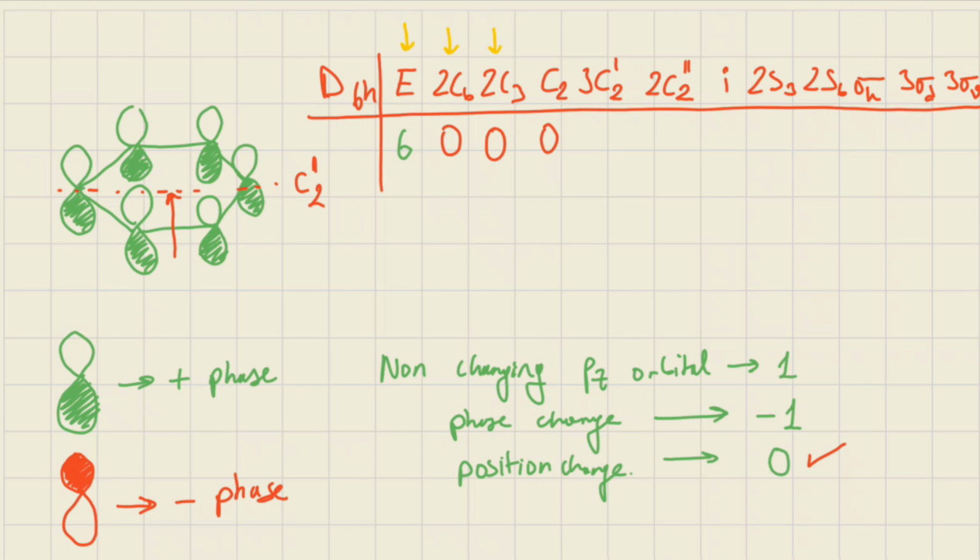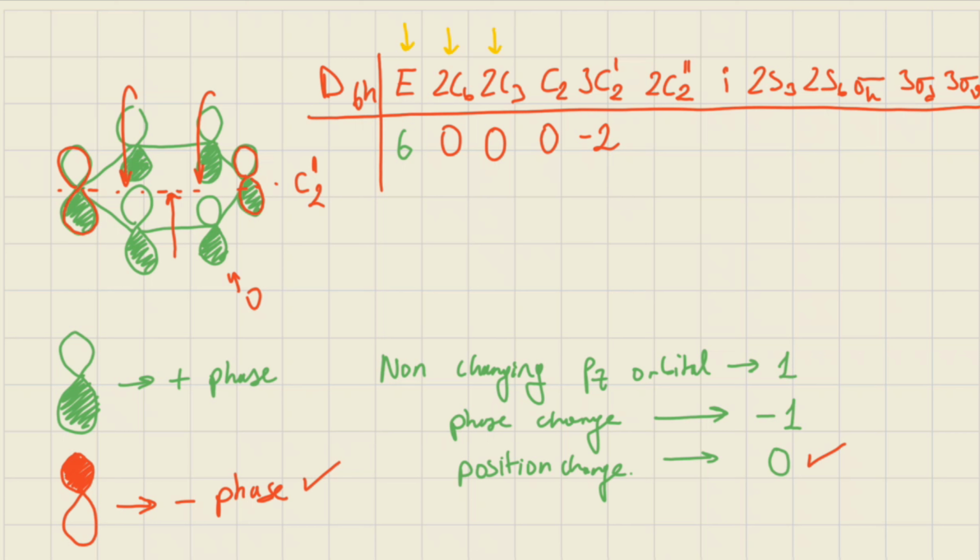And what is happening is that these two are changing with each other, right? So we have to write 0 for them. But these two positions are the same, but the phase changes. So there is a phase change for two of them. Therefore, I will write -2.